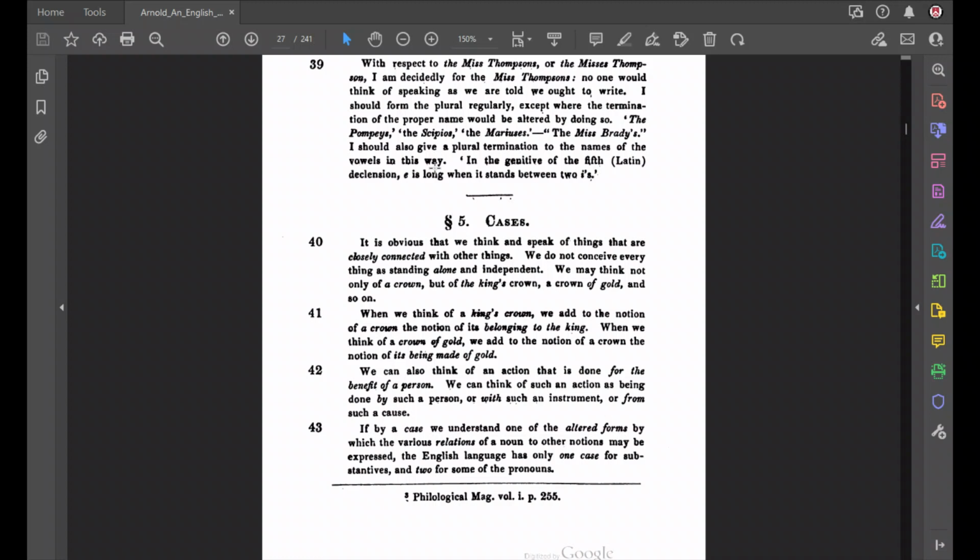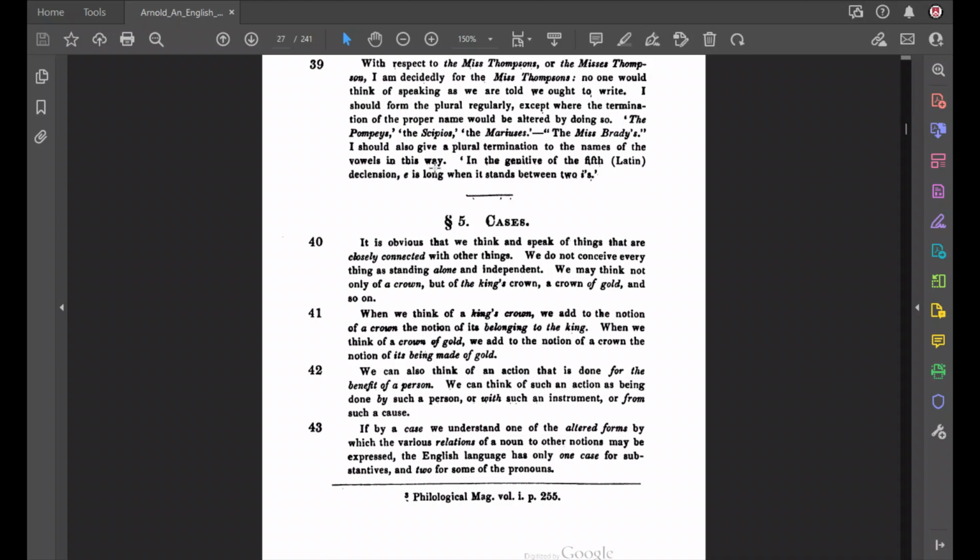The cases of nouns. We said that a case can be thought of as an altered form of a noun that expresses some relation. A case can be an altered form of a noun, as we find in Latin and Greek, where the noun's form is changed to express some different idea.